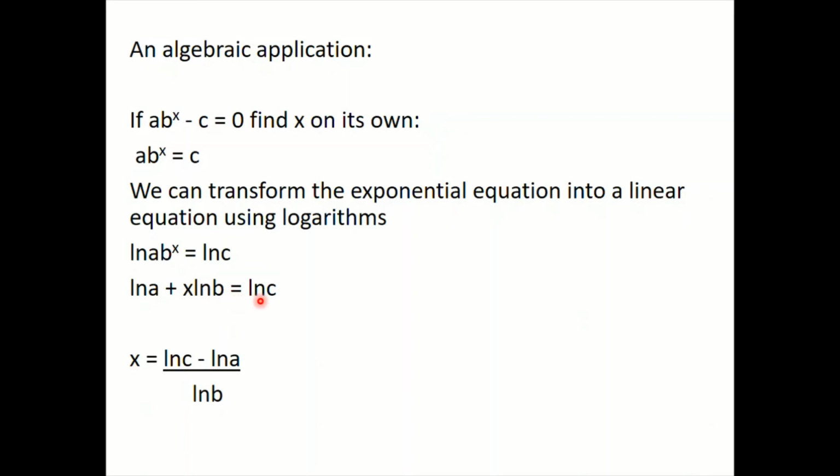Then taking the natural log of a across to the other side, and dividing through by the natural log of b, we end up with what we were asked for, which is x on its own.